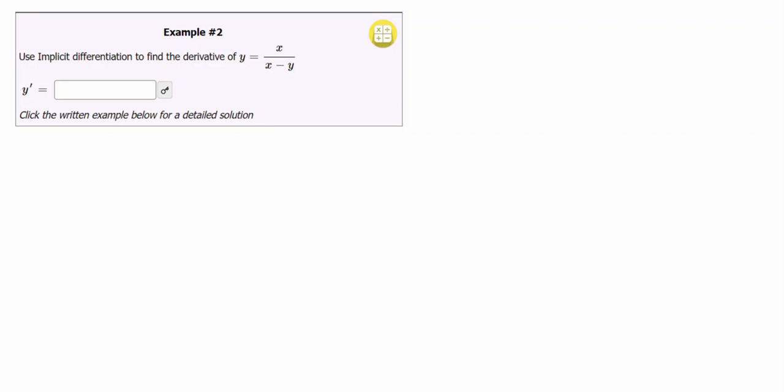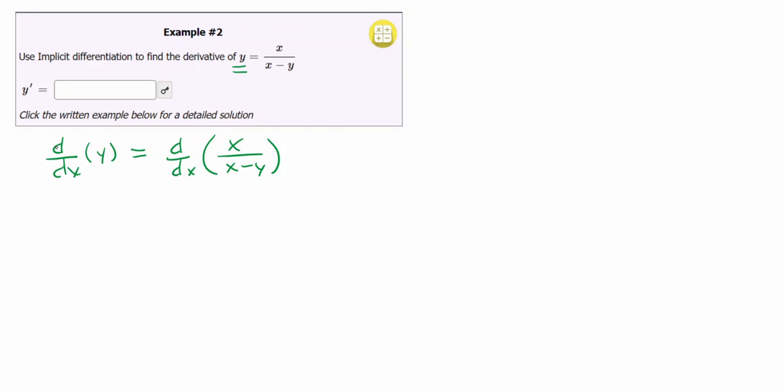So with implicit differentiation, what we want to do is take the derivative of both sides, so d/dx of y is equal to d/dx of x over x minus y. Okay.